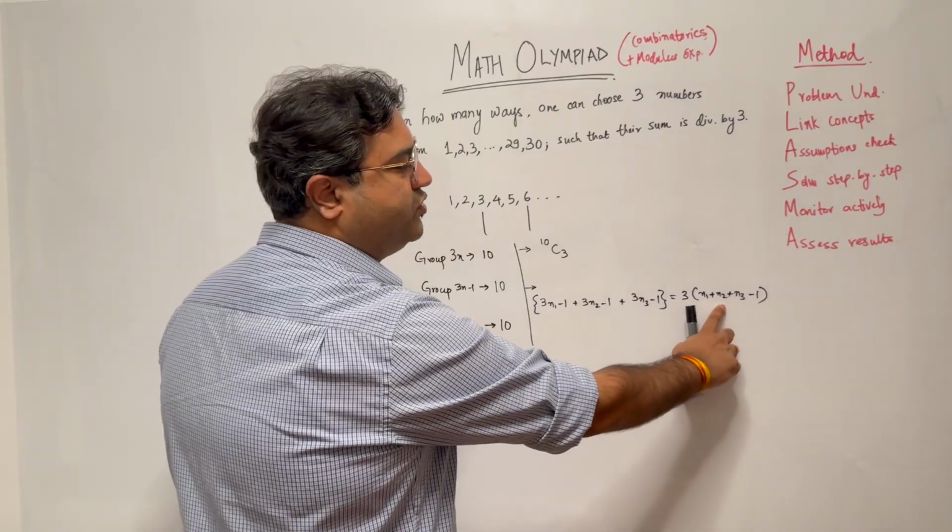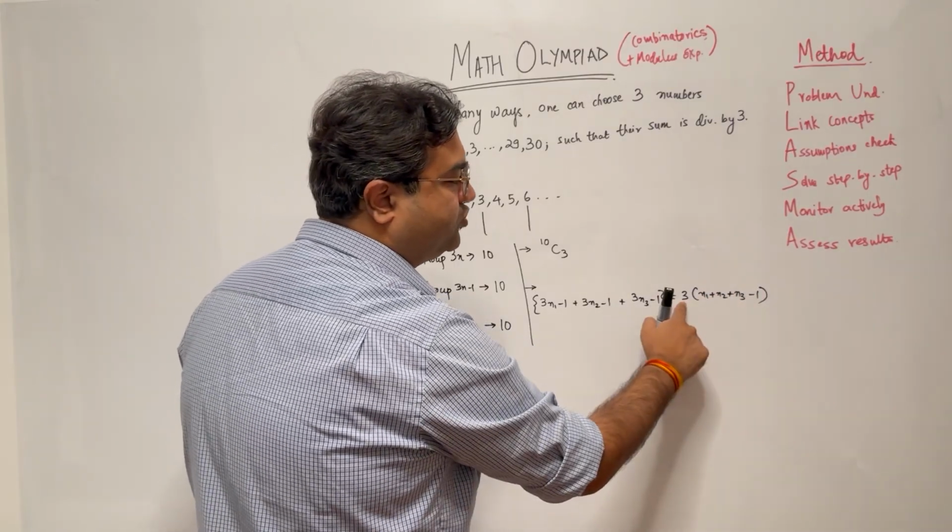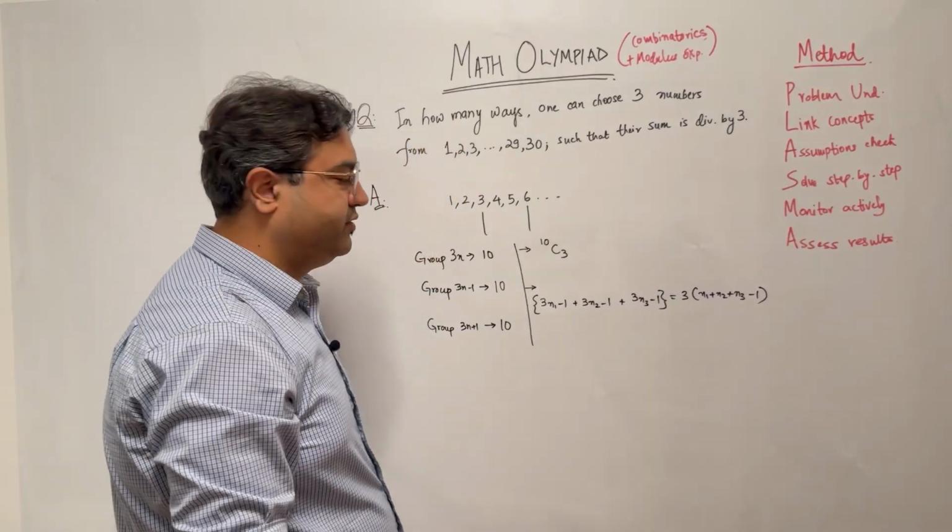So n1 is a number, n2 is a number, n3 is a number, and this whole thing is a number, so there is always a 3 here.